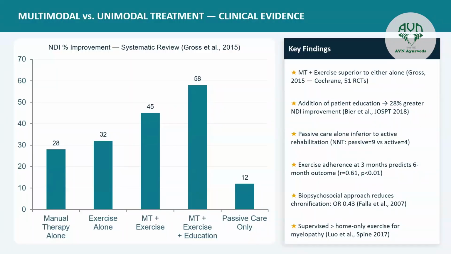Then only will we get a proper effective approach, rather than only giving your exercise or only going for modality. So the accountability shows again 58% of improvement with manual therapy, exercise, and education rather than passive care only.